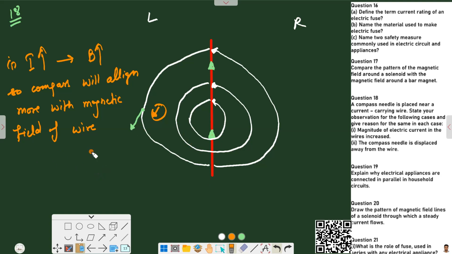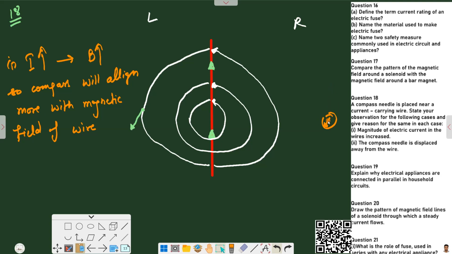Okay. Now the compass needle is displaced away from the wire. When this compass is displaced away from the wire, what will happen? Suppose we move it out of the magnetic field. Now as it is out of this magnetic field, the only magnetic field acting on this compass will be Earth's magnetic field.